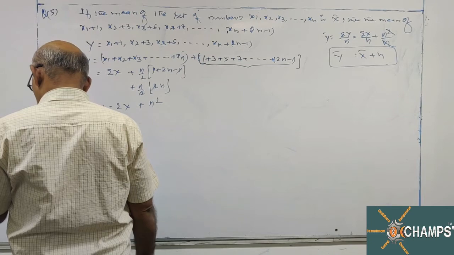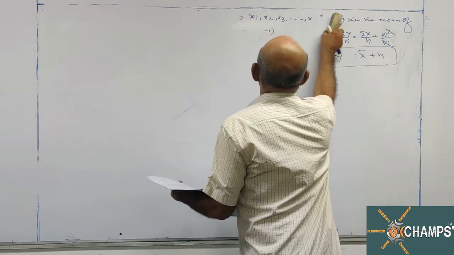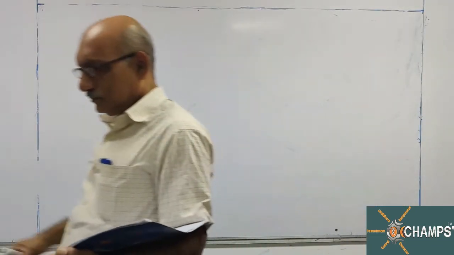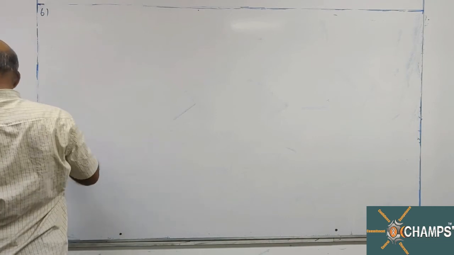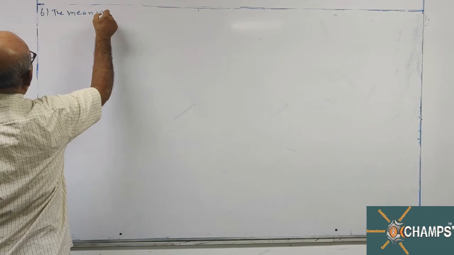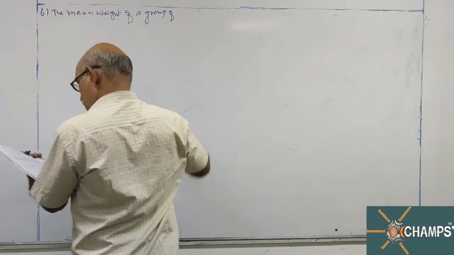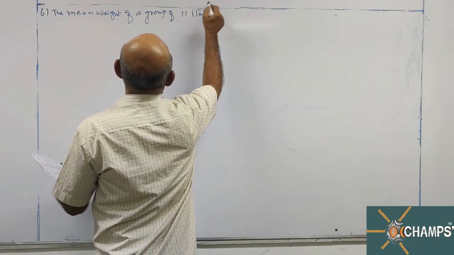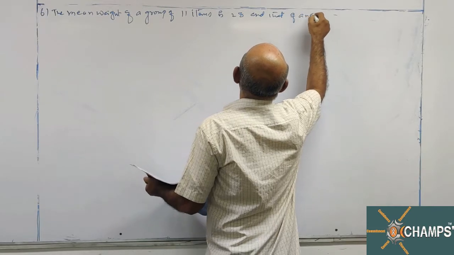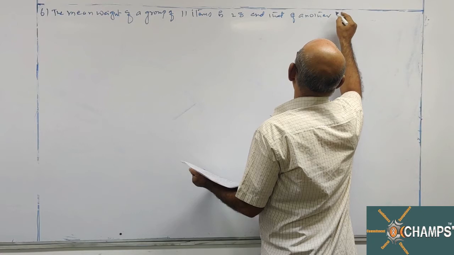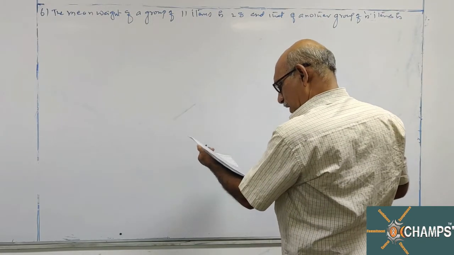Now let's see the next question. The mean weight of a group of 11 items is 28, and that of another group of n items is 35.